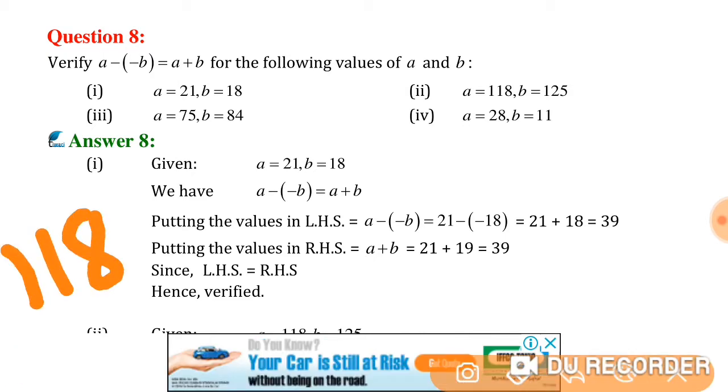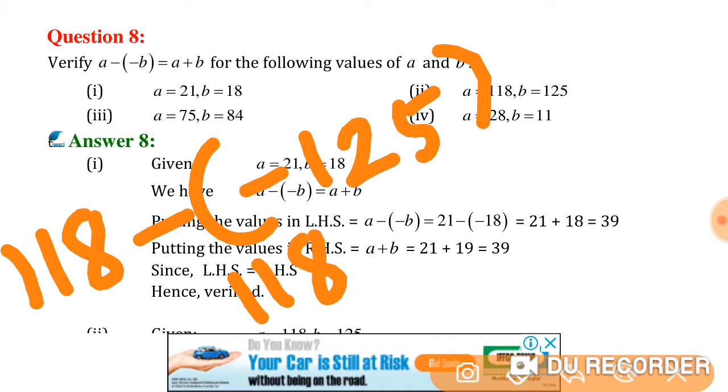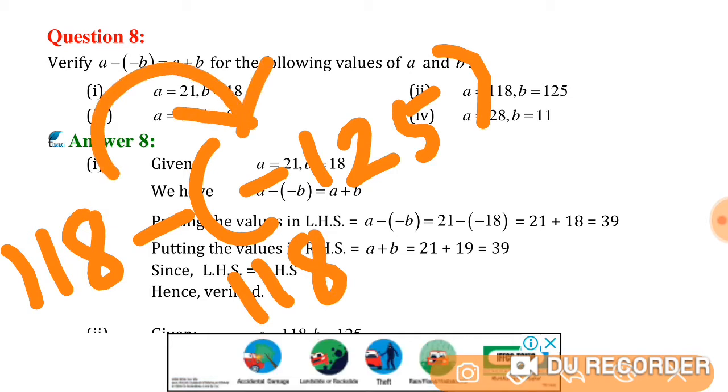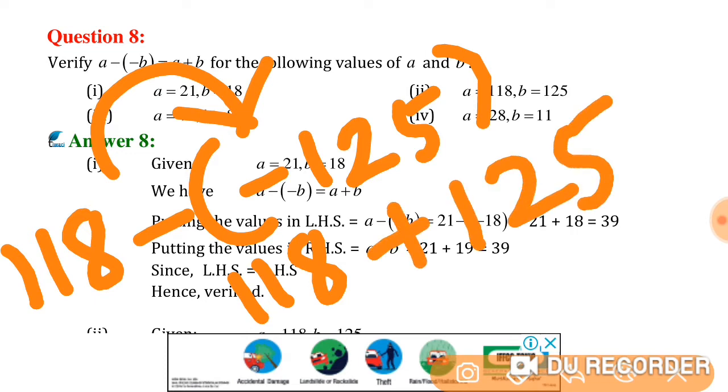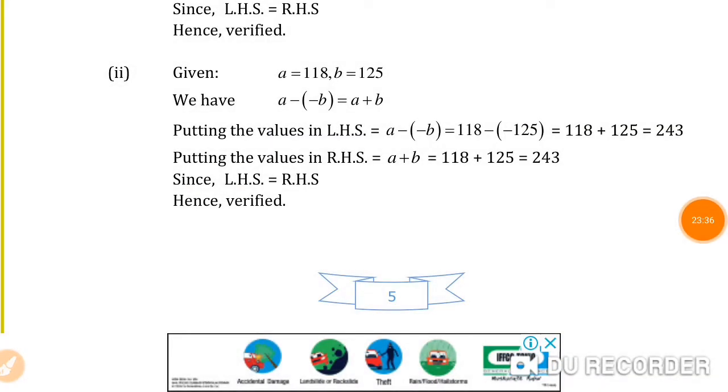118 minus of minus 125. Write as it is the first integer. Because of this subtraction sign, the sign will change from minus to plus 125. So if you add these, you'll get 243 as the answer.